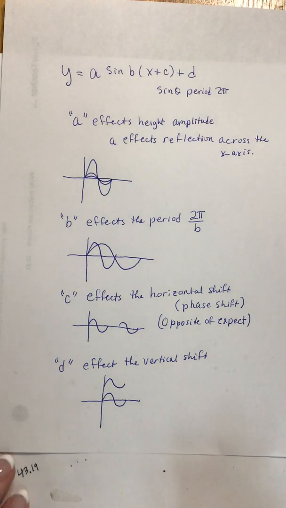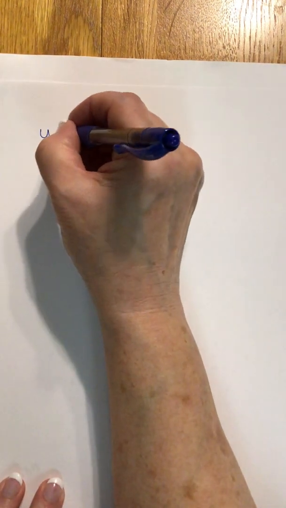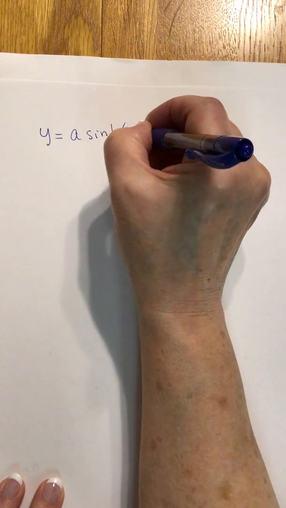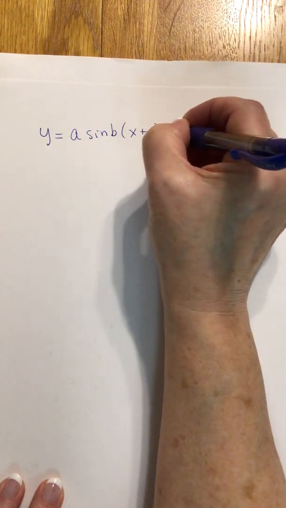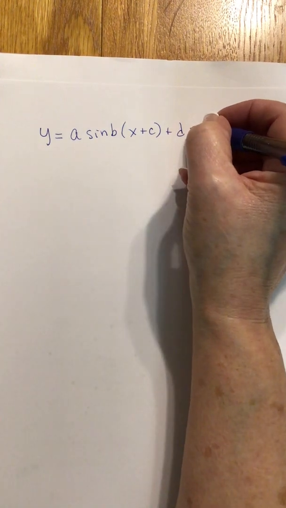Okay, so everybody got that? So again, we have y equals a sine b parentheses x plus c plus d. So the c's on the inside, the d's on the outside, right?